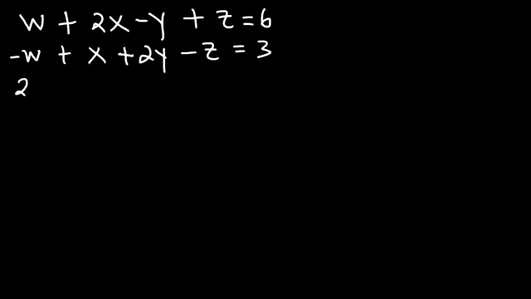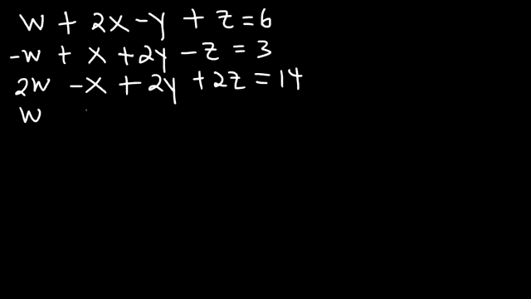And then we're going to have 2w minus x plus 2y plus 2z, and let's say that's equal to 14. And then w plus x minus y plus 2z, and that's equal to 8.